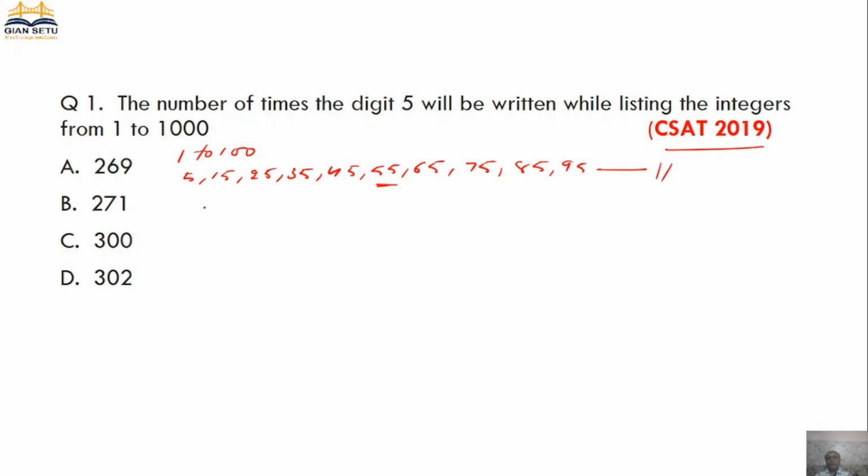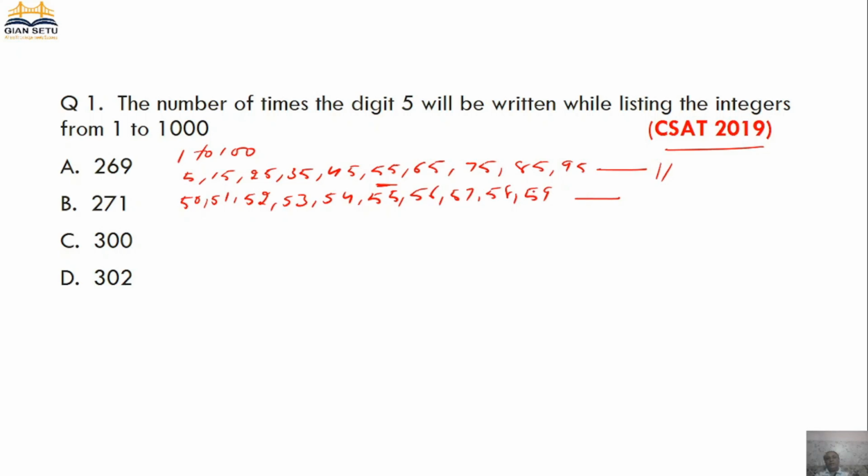So digit 5 appeared 11 times. Now there are some numbers in which digit 5 appears at tens place, and these are 50, 51, 52, 53, 54, 55, 56, 57, 58, 59.